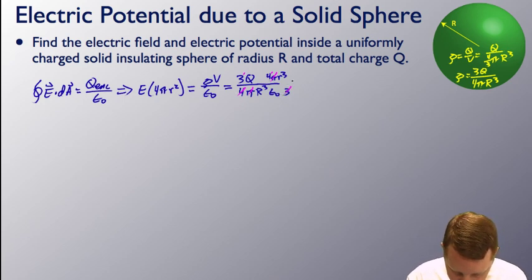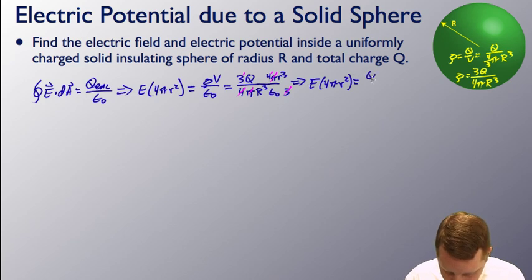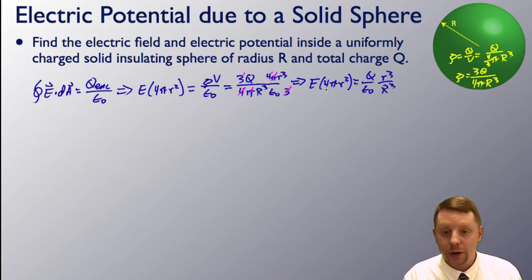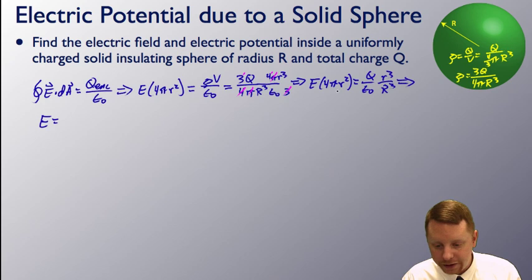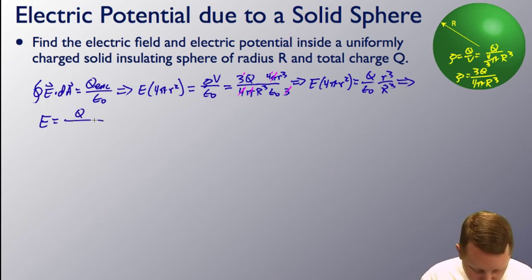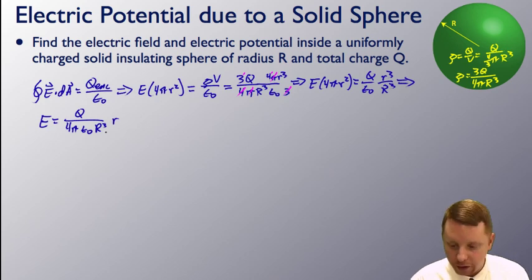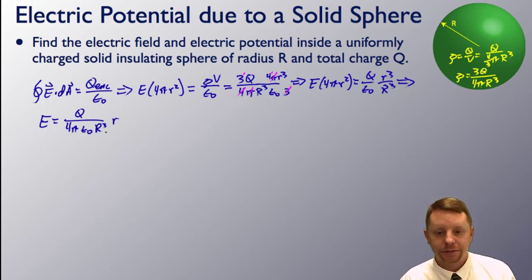So I come up with E times 4 pi r squared must equal Q over epsilon naught times r cubed over capital R cubed. But we want just the electric field, so let's divide both sides by 4 pi r squared. The electric field must be Q over 4 pi epsilon 0 capital R cubed times our variable r.